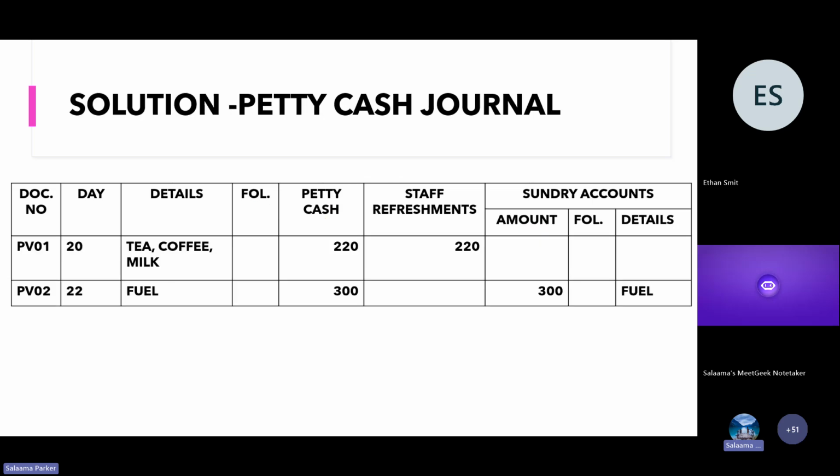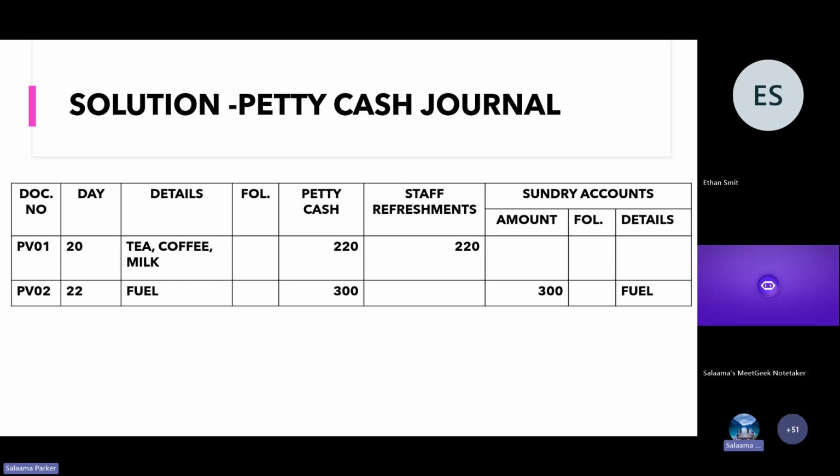So there we go. And what you see that is different here to our cash book payments is that in our details, we actually record what we use the money for. We don't write the name of the business as we did in our cash book payments. Here we actually say it's for tea, coffee, milk, or fuel. The only time you will put the name of a supplier or a business is for when you've purchased trading inventory.